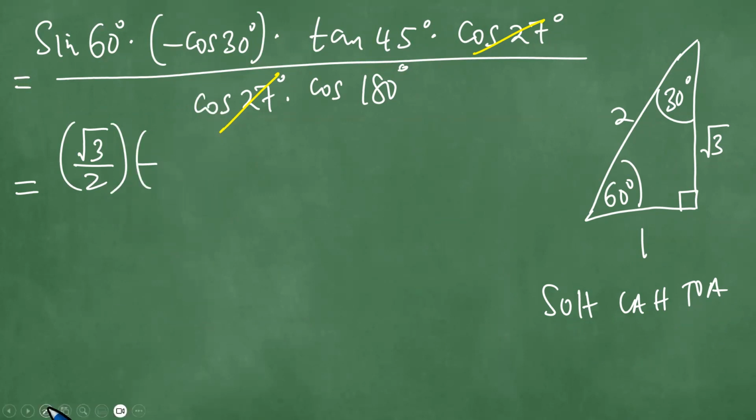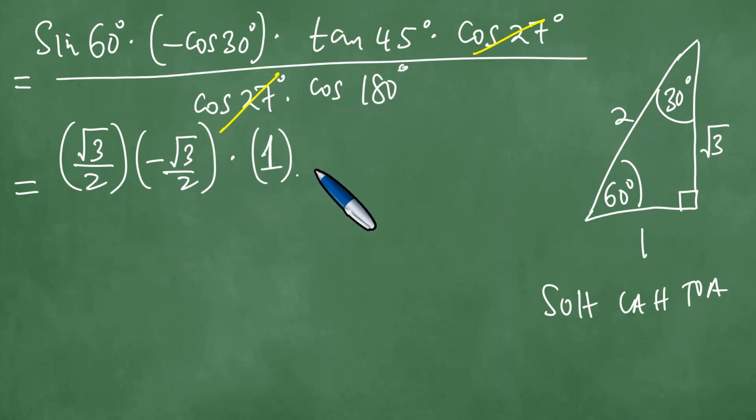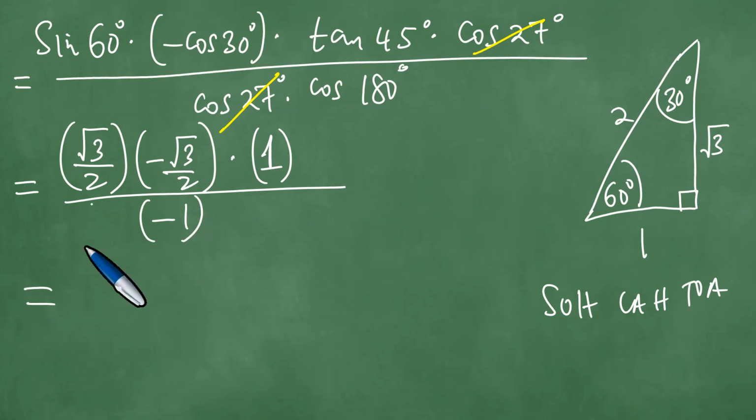Next, you have minus cosine of 30 degrees. Here is 30. Cosine 30 is adjacent over hypotenuse, which is square root of 3 out of 2. Okay, now the tangent of 45 is 1. So, let's analyze here.